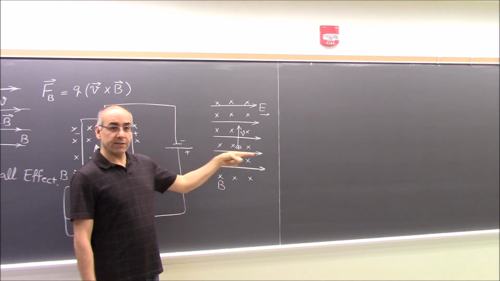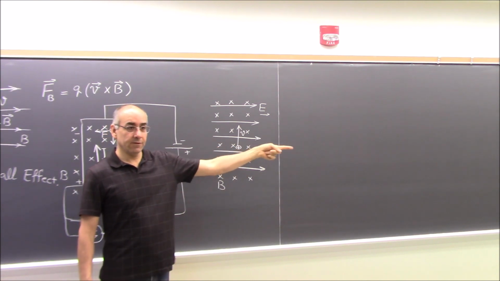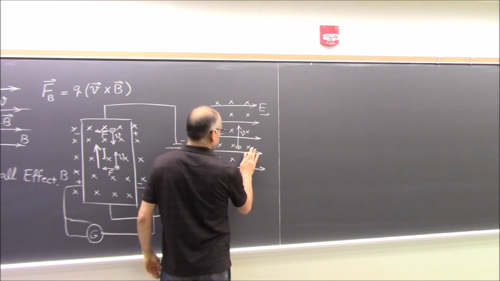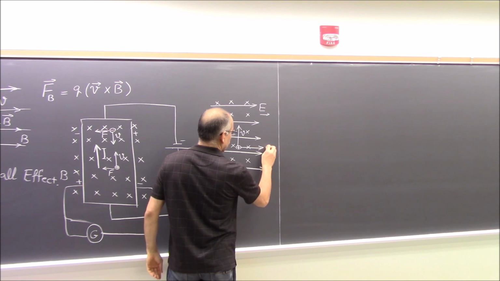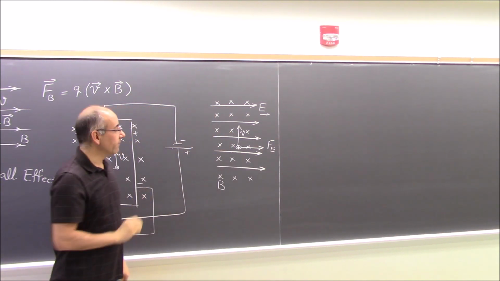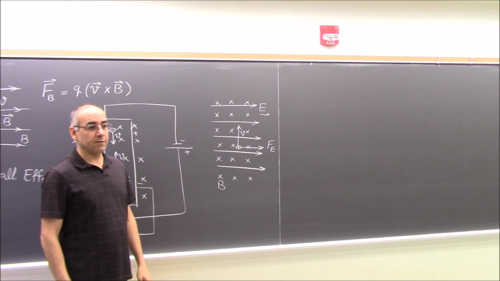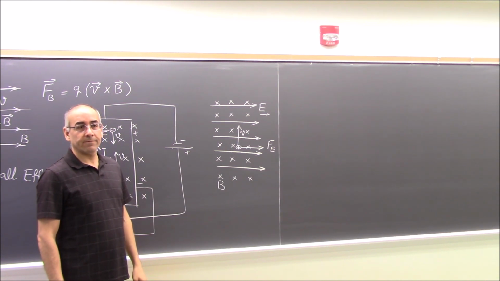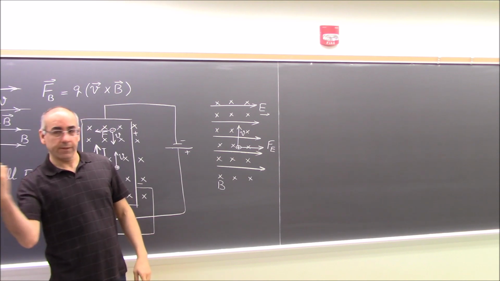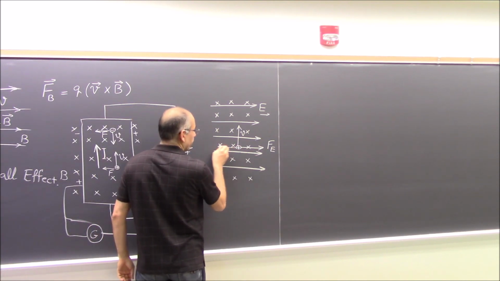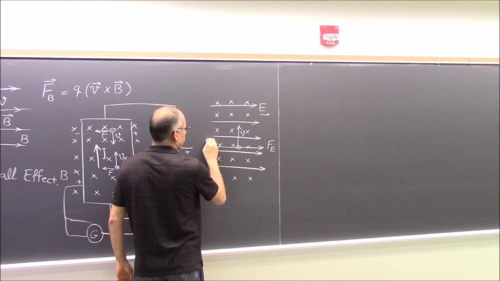In the direction of electric field, right? Because it's positive, in that direction. So there's a force here, this force of electric field, we call it FE. And which direction is the magnetic force? This way, right? So the magnetic force is this way, FB.